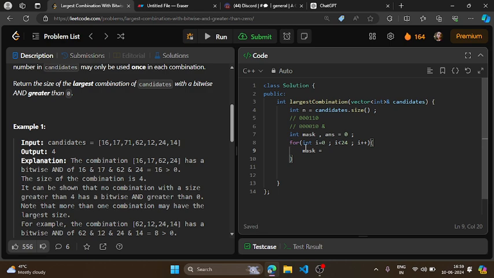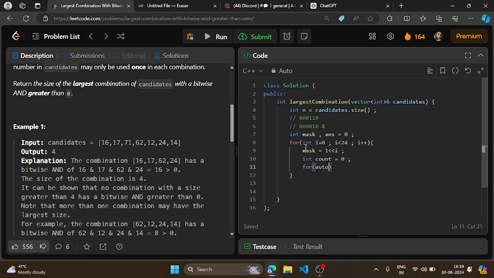If you want to check whether the bit is set at the ith position, you just shift your mask to the ith bit and take the AND. So I'll left shift my 1 by i and then take the AND. Now let's declare a count variable where I will store how many numbers I can have in my subsequence.